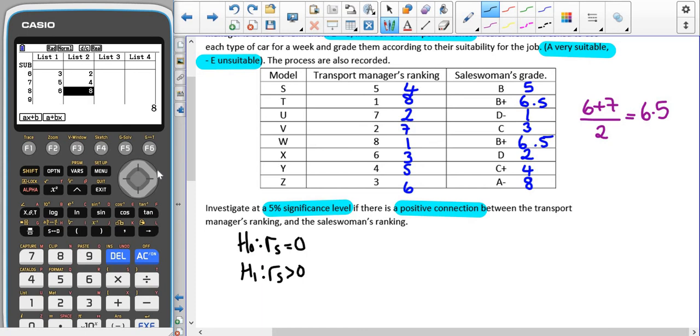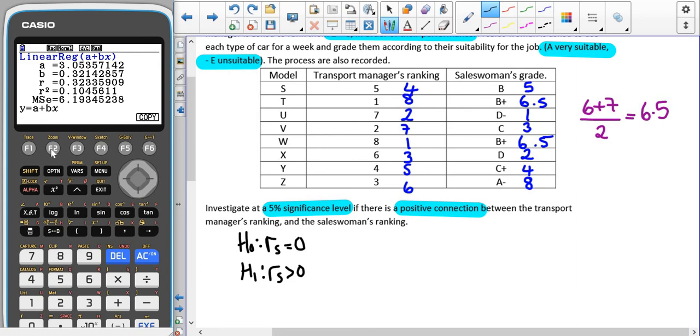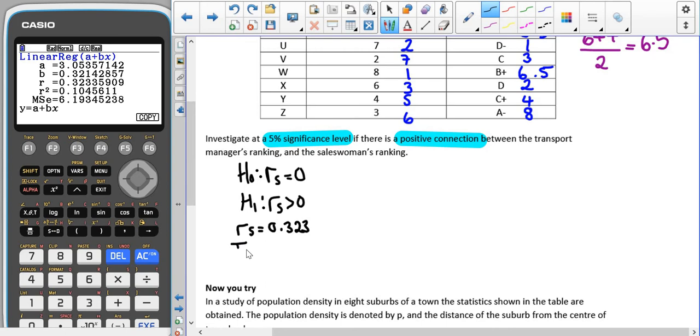Double check that what we have here is correct. And then we're going into A plus BX again. And we end up with an RS value of 0.323. Remember that that is our test statistic.